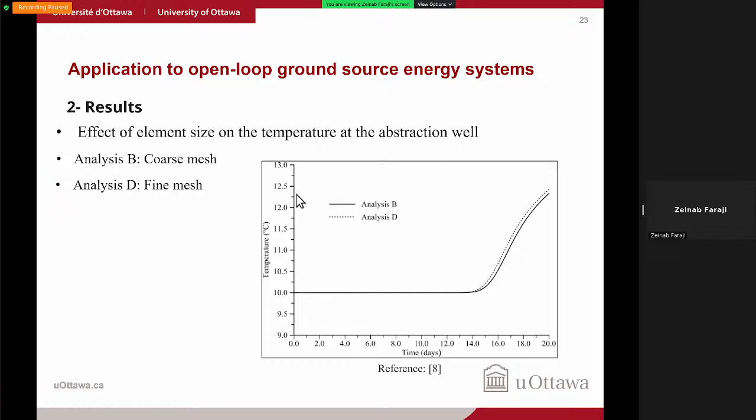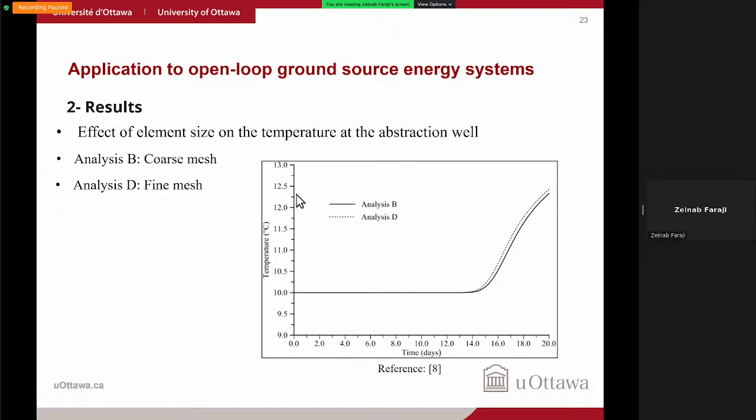As can be seen in this picture, when we are using quadratic elements, as I mentioned before, element size and the Peclet number have less impact on the result, and the results are very close together.